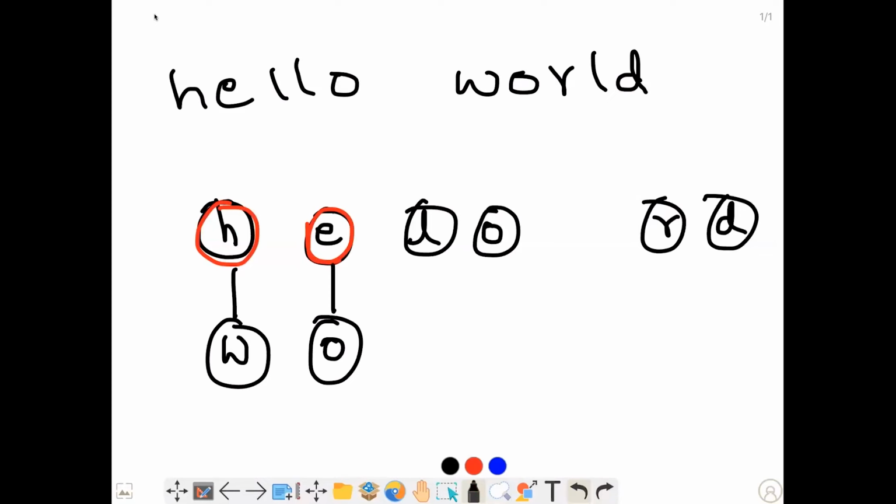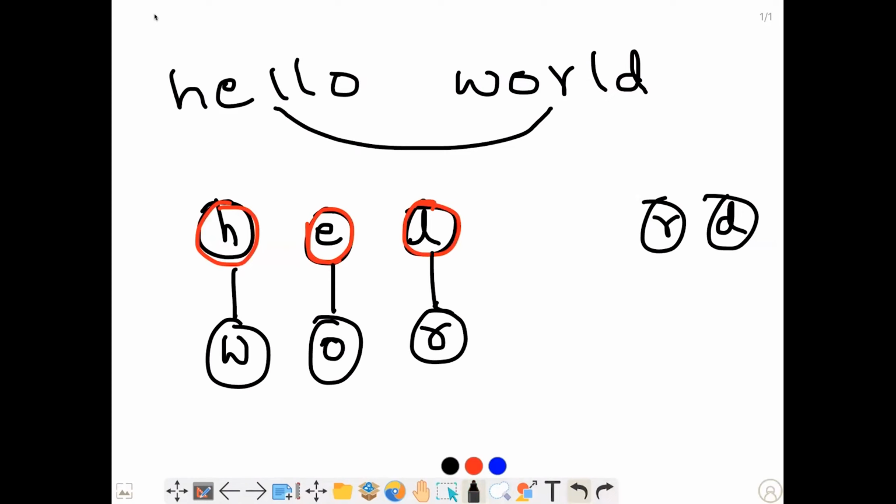Let me erase O from here. And next we have L and R. The parent of L is L, the parent of R is R. We form an edge between L and R, and the smallest is L. So L will be the leader and R comes into its component. We form an edge between them. Erase the R. Erase this.